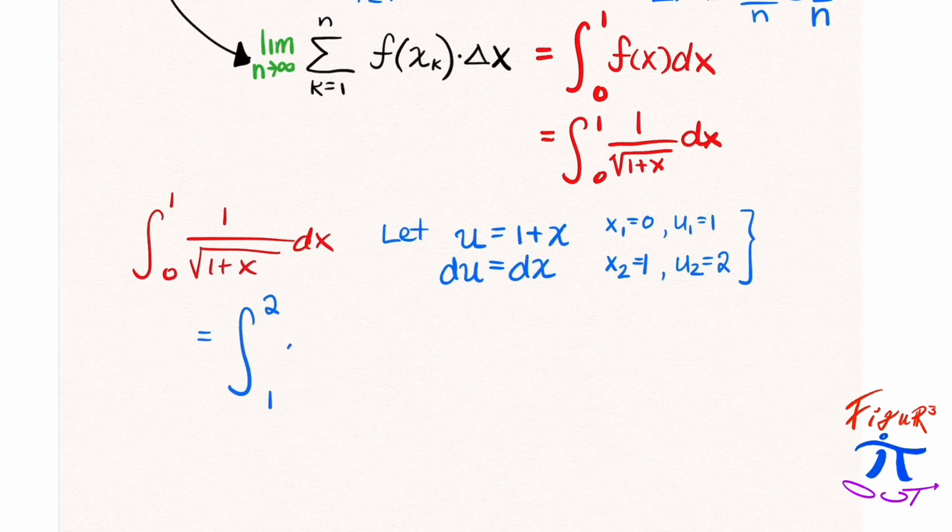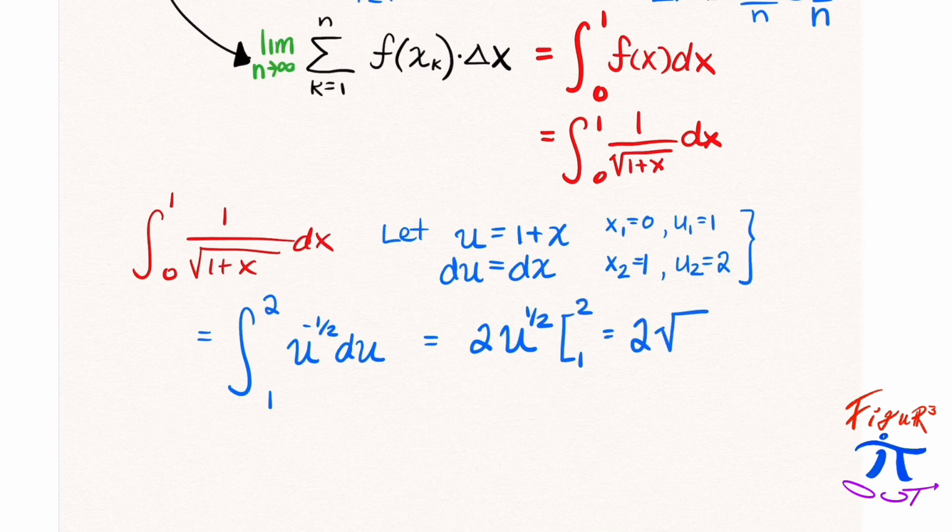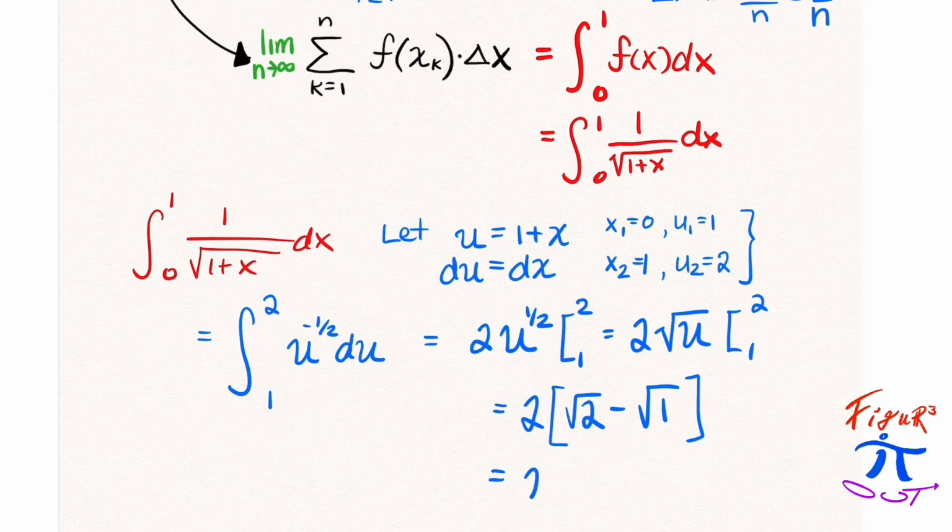Rewriting our integral from 1 to 2, this is the integral of u to the negative 1/2 power du, which is going to equal 2 times u to the 1/2 power from 1 to 2, or 2 times the square root of u from 1 to 2. Evaluated, that gives us 2 times the square root of 2 minus 1. So there you have it.